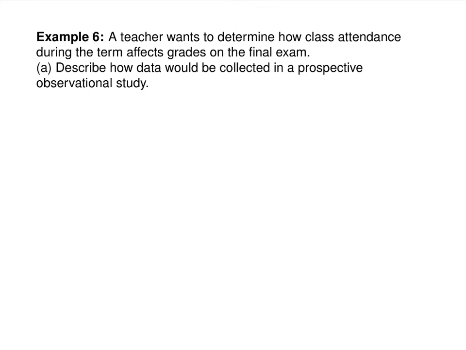A teacher wants to determine how class attendance during the term affects grades on the final exam. Explain how data would be collected in a prospective study. In this case, you sort of follow people into the future. So I think you take attendance as the semester progresses and then look at grades at the end of the term.